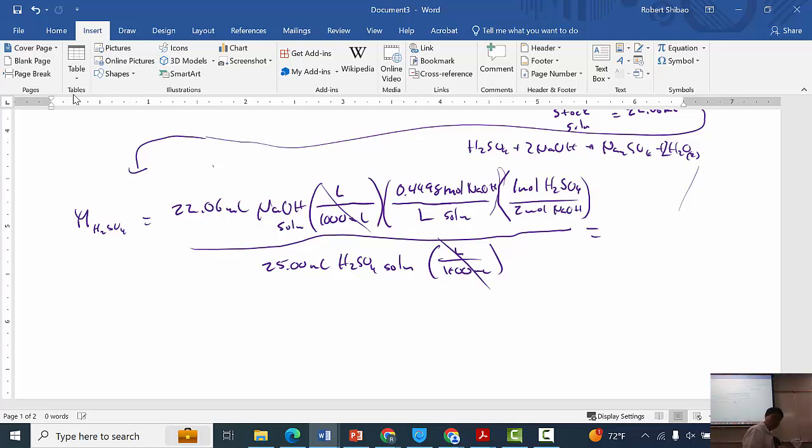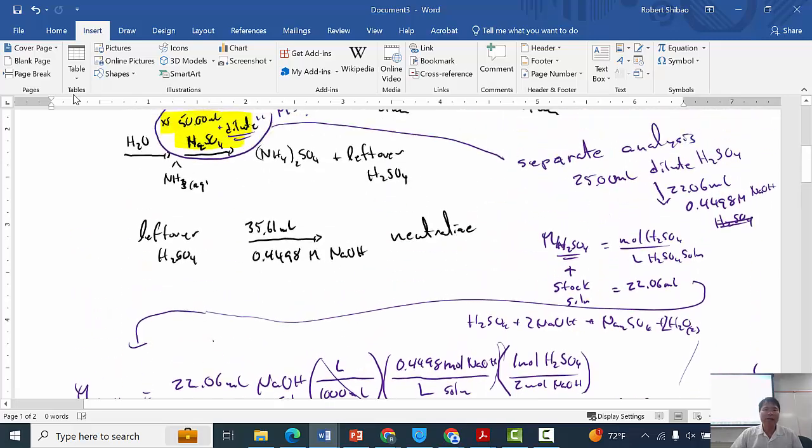I forgot my calculator. 22.06 times 0.4498 divided by 2 divided by 25. 0.1984. We're allowed 4 sig figs here, so I'm going to carry an extra digit, the 5. And this will be the molarity of the H2SO4 stock solution. So 0.19845.